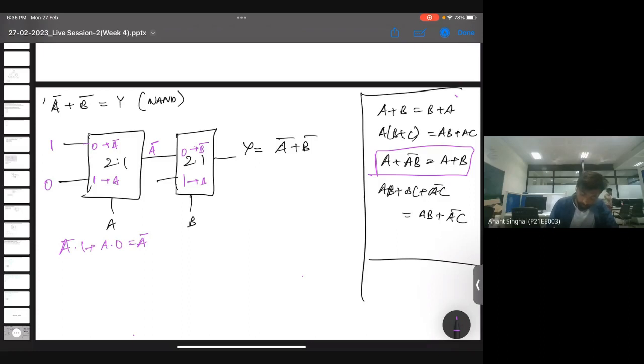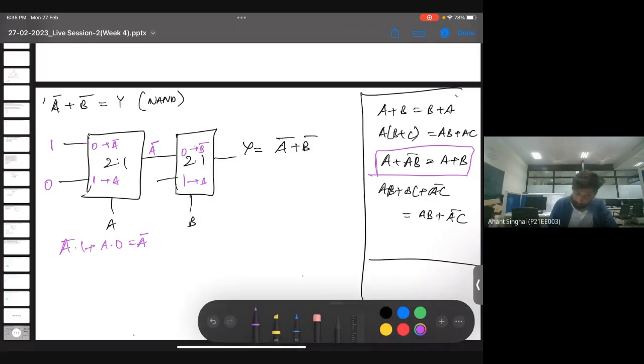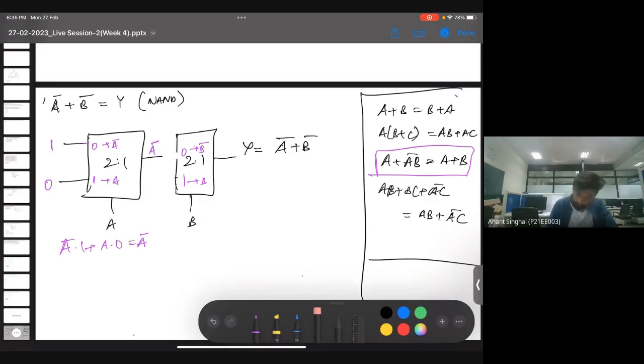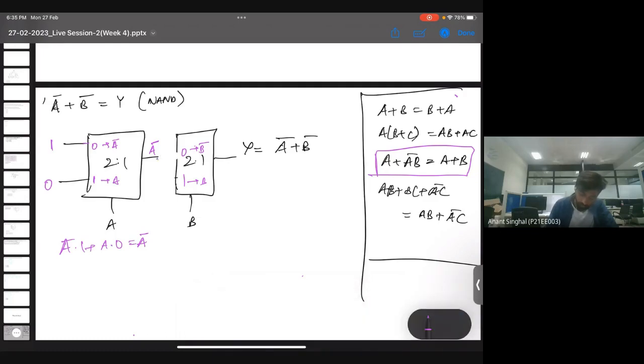Now we have A bar and B bar. Let's suppose we connect this A bar to this B input, and for B bar we give 1.